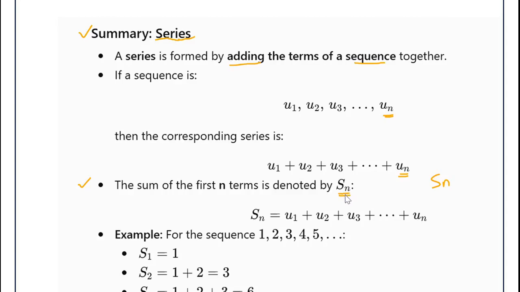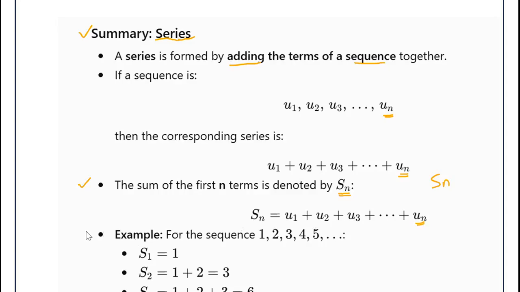If you are looking for the sum of the first 5 terms, your n is 5. Depends on the terms in consideration. And therefore, the sum of n terms becomes U1 plus U2 plus U3 up to the term Un, which is the nth term that you are looking for or your last term in question.